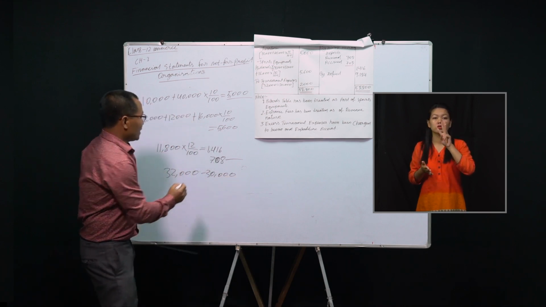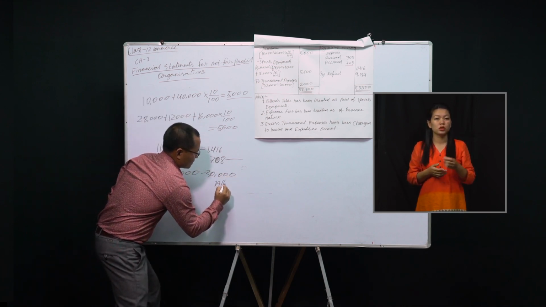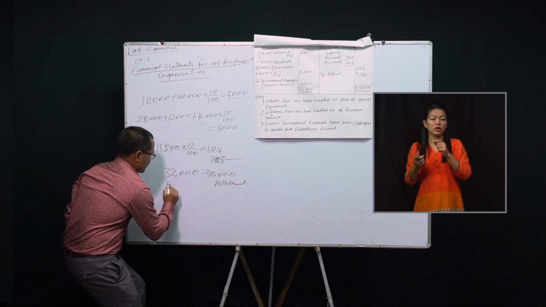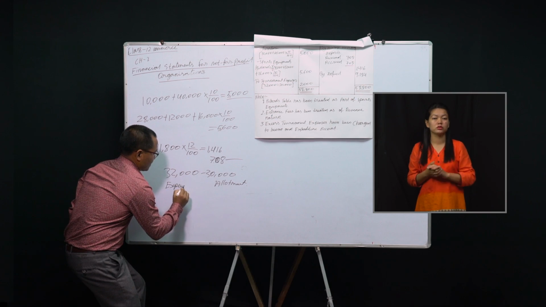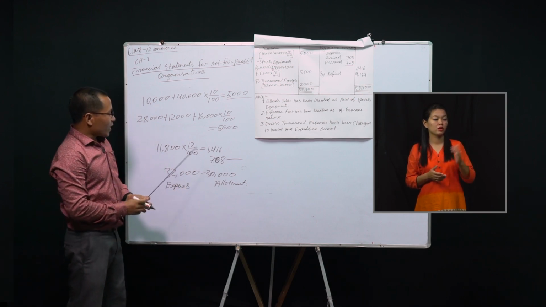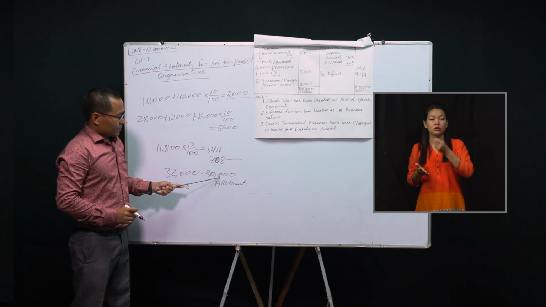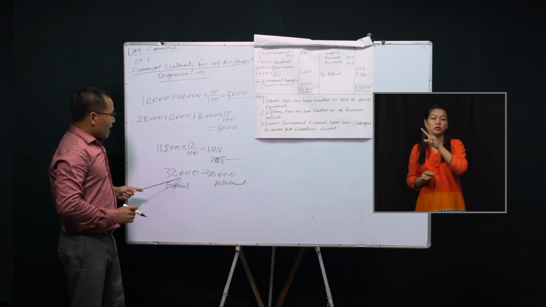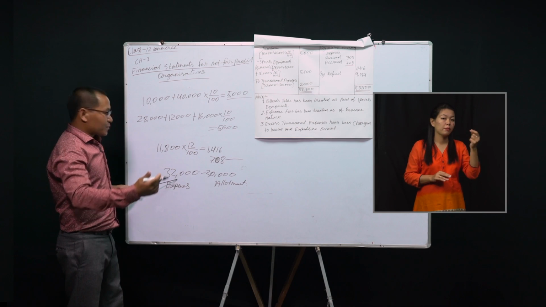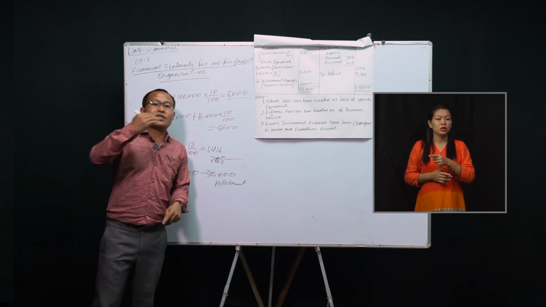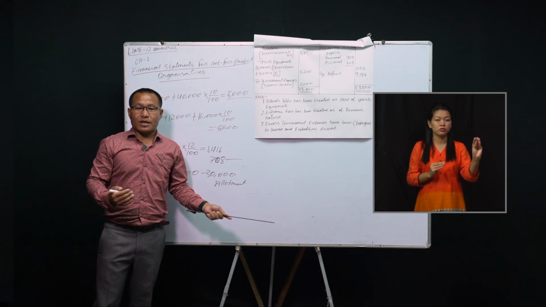So this is an allotment, and this is an expense. Therefore, the money allotment is 30,000 and the money that they have expended is 32,000. Therefore, there is an excess of expenditure over the allotment amount.